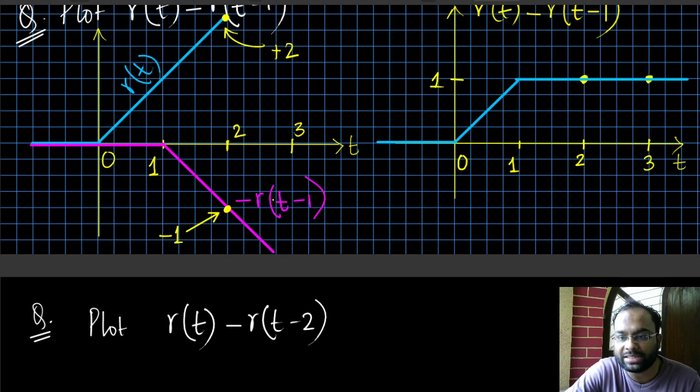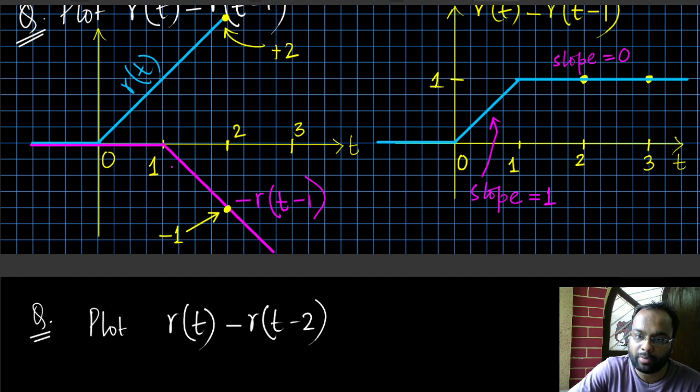So the effect of minus RT minus 1 is appearing at t equal to 1, not t equal to 2. Right? So this signal has a slope of 1 here. At t equal to 1, the slope reduces to 0, right? At t equal to 1, because I have a minus 1 slope that appears at t equal to 1, right?